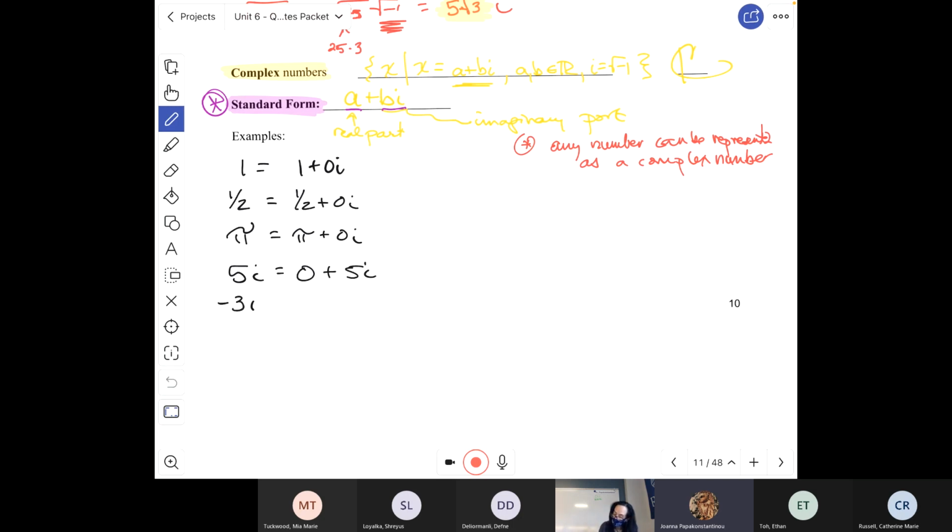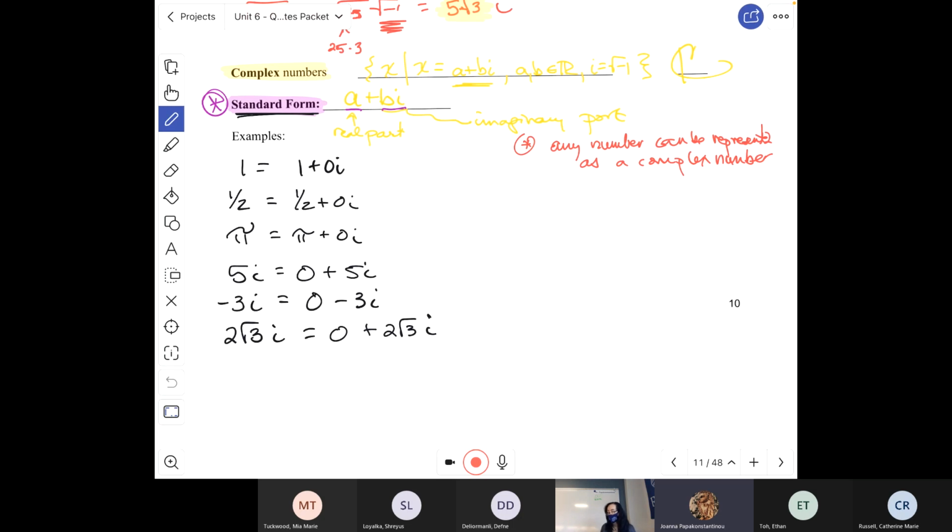What if I give you negative 3i? 0 minus 3i as a complex number. Very good. What if I give you 2 times the square root of 3i? Can I write that as a complex number? Beautiful. And again, we want to make sure we always represent complex numbers in standard form, and you will see why.